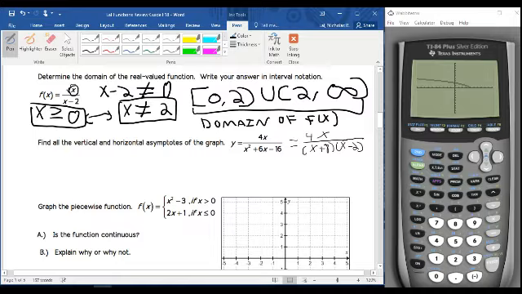The reason you can do that is because 8 times negative 2 is negative 16, and 8 minus 2 is positive 6. So the values that would make your denominator equal to 0 are x equals negative 8 and x equals positive 2. So these are our vertical asymptotes.